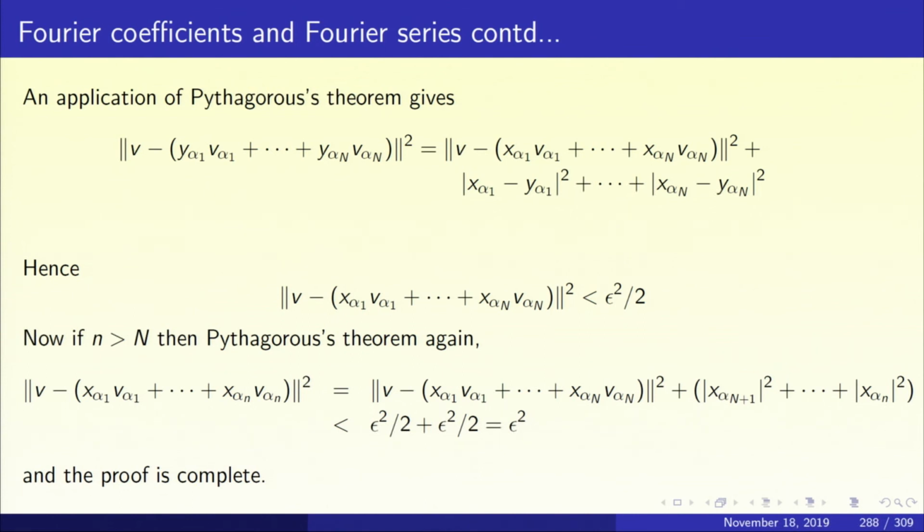So, you knock off one term as usual, we will conclude that norm squared of v minus x alpha 1 v alpha 1 plus etc. plus x alpha N v alpha N is less than epsilon squared by 2. Now, we have come so far.